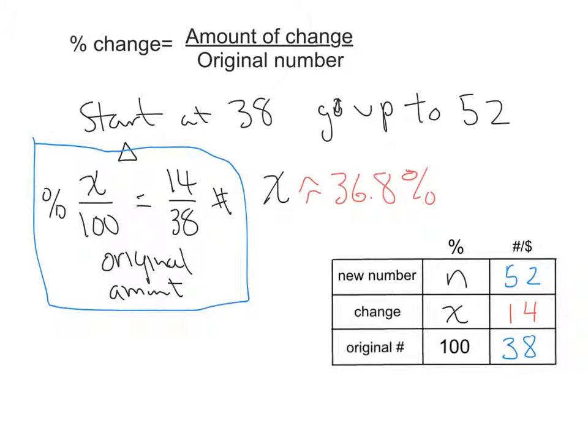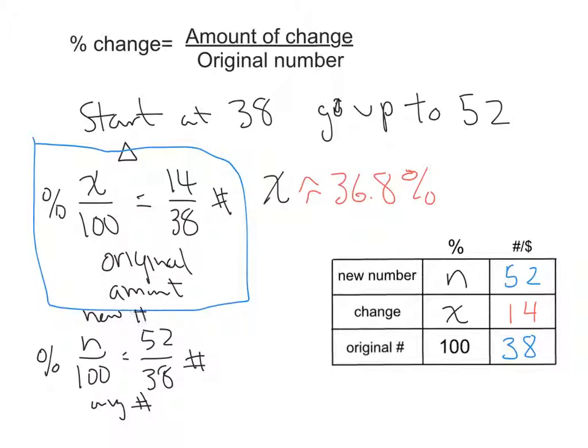Alternatively, you could have written the original problem as n over 100 equals 52 over 38. And this is going to be the original number on the bottom, the percent on the left again, and the number on the right. But instead of the change up here, we now have the new number, which means that when we solve this, we would get n is approximately 136.8%.